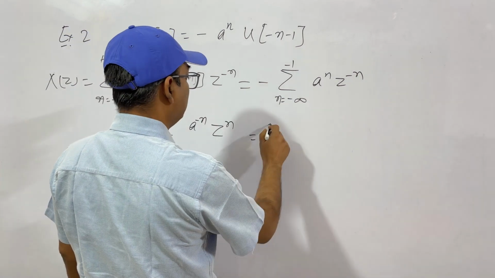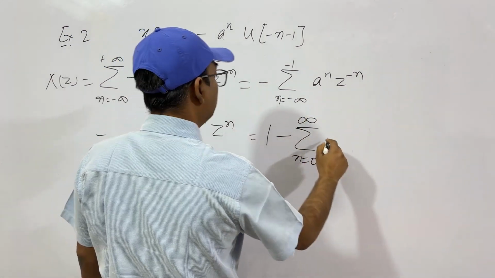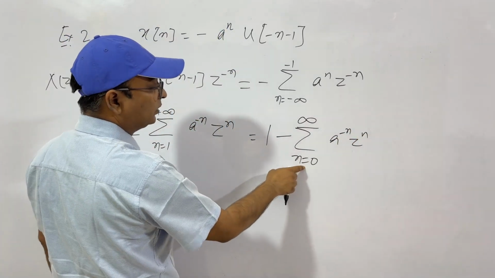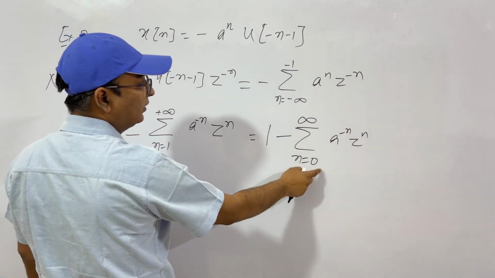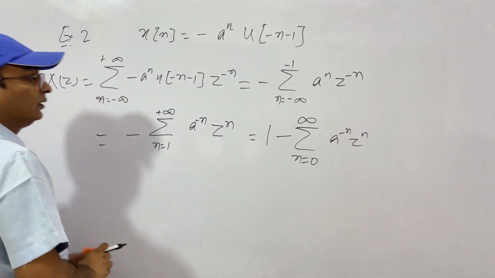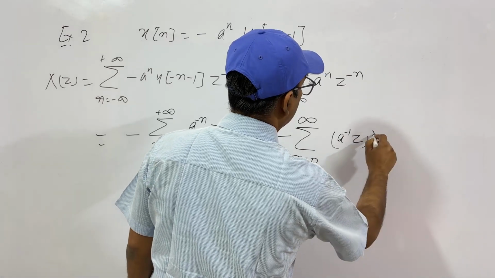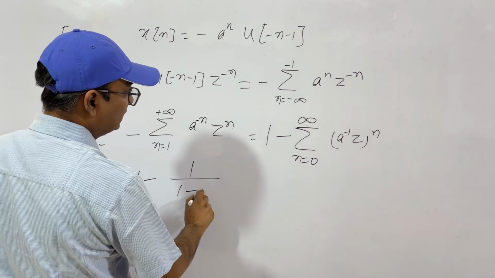So we can write it like this: 1 minus the sum from n equal to 0 to infinity of a^(-n) z^n. Why? Because when you put n equal to 0, it is 1, so 1 minus 1 is 0. So effectively you can write this as (a^(-1) z)^n. So what you get is 1 minus 1 by 1 minus a inverse z.